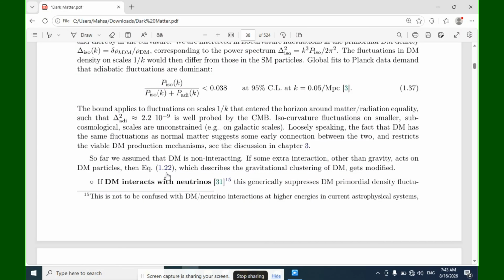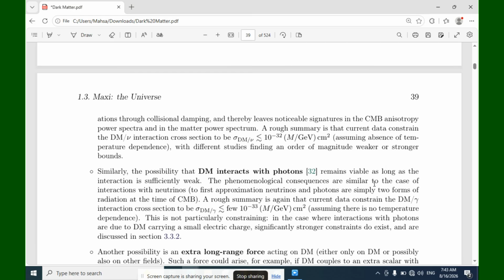So far, we assumed that the dark matter is non-interacting. If some extra interaction other than gravity acts on dark matter particles, then equation 1.22, which describes the gravitational clustering of dark matter, gets modified. If the dark matter interacts with neutrinos, this generally suppresses the dark matter primordial density fluctuations through collisional damping and therefore leaves noticeable signatures in the cosmic microwave background anisotropy power spectra and in the matter power spectra.